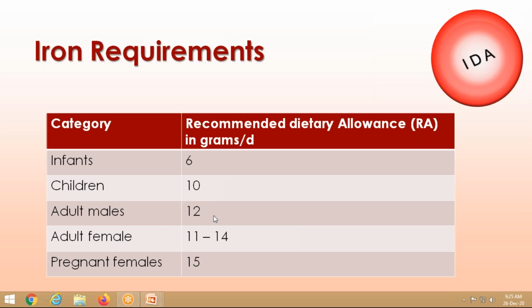Adult male 12, adult female 11 to 14, especially the lactating and adult, because they keep losing iron through periods and all. Pregnant female, because of the baby also, 15 mg is the minimum iron requirement. So remember 6 and 10 for pediatric age groups, the normal daily requirement of iron. In the viva also this comes again, questions keep coming. Just remember them.